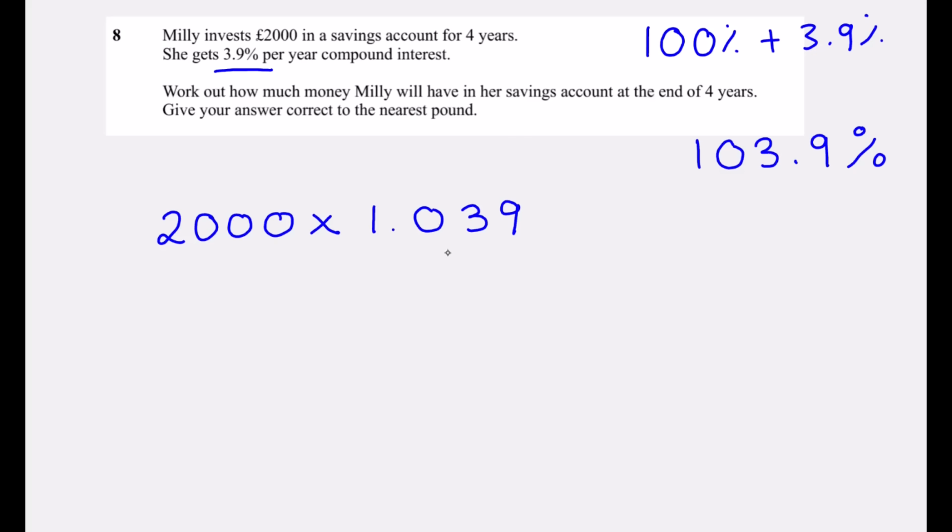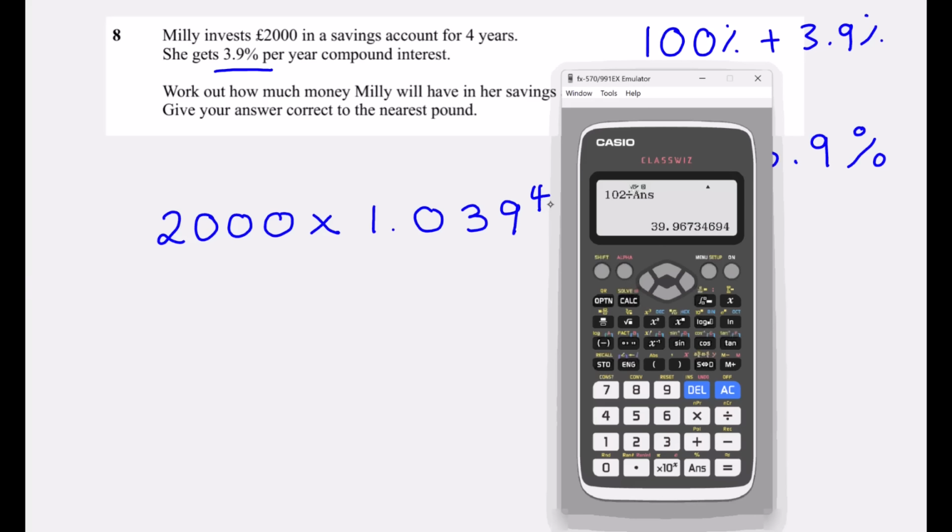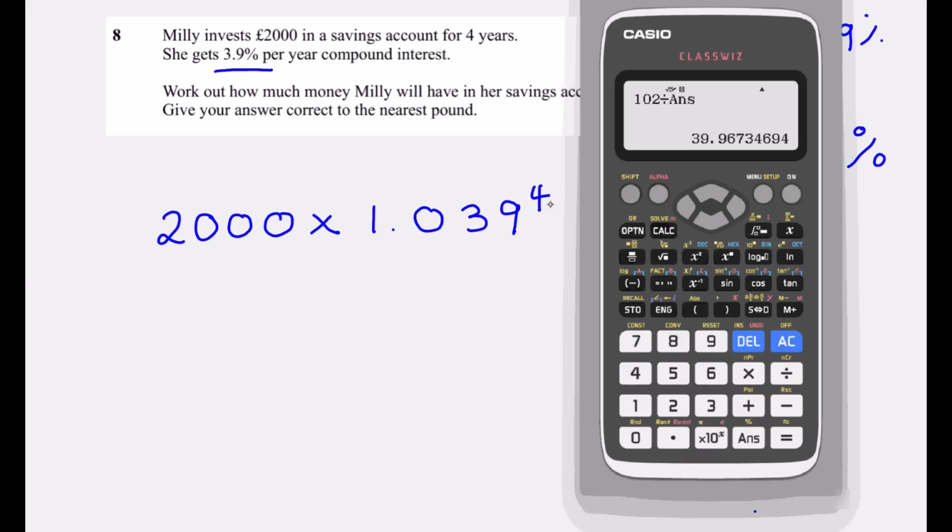So times 1.039 times 1.039 again, and again, and again. So we can just write the power of 4. So 2,000 times 1.039 to the power of 4. We'll find out how much money is in the account at the end of 4 years. And that is 2,331 pounds, correct to the nearest pound.